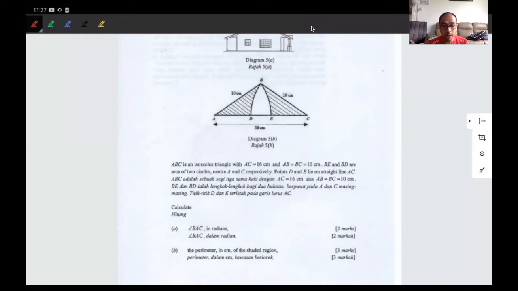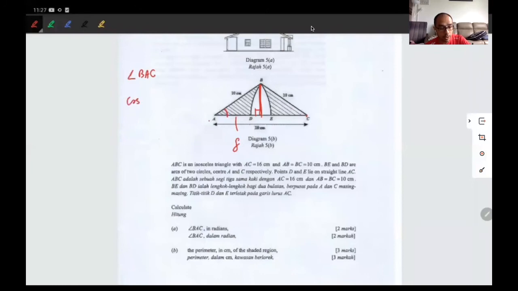So find BAC in radians. If you think about it, this is kind of the halfway point, so I know that this length is 8. So the angle BAC can be found if I use sine, cos, tangent. This will be cos.